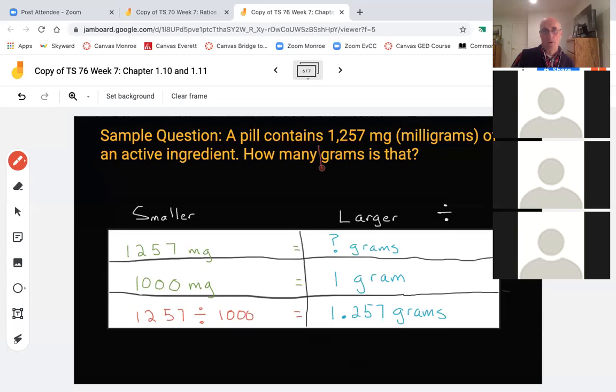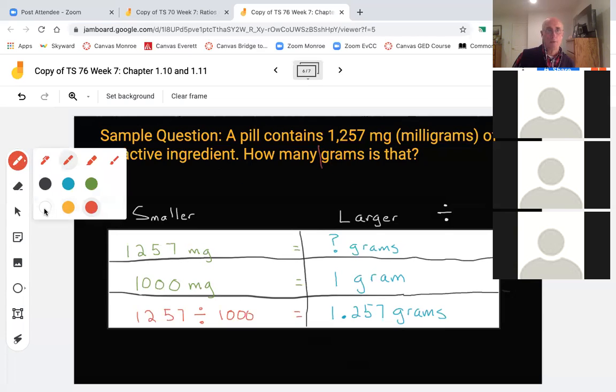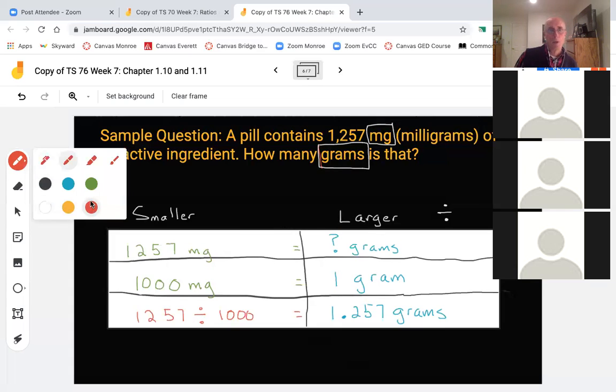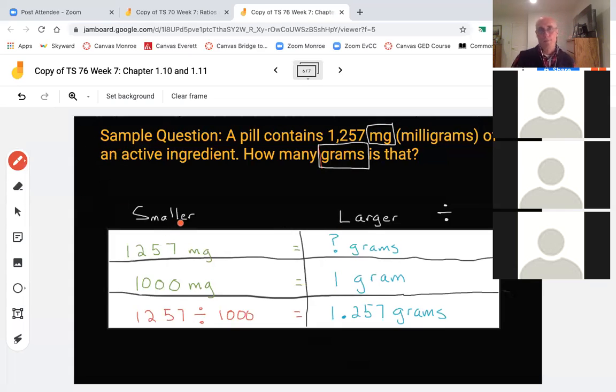So what they're asking for is grams. We're comparing milligrams, the mgs, to grams. So I put it in my magic chart here. Now at this point, you might be going, hey teacher, looking at milligrams and grams, I can't remember which one's larger or smaller.